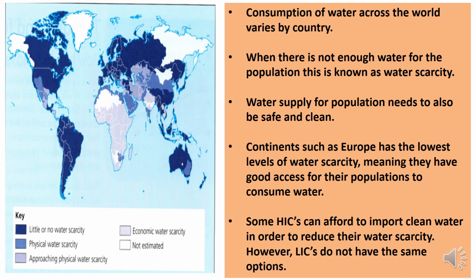Water supply for the population, as I've said, needs to be clean and safe, or otherwise it does not meet its purpose. Continents such as Europe have the lowest levels of water scarcity, meaning they have good access for their populations to consume water. However, some HICs can afford to import clean water in order to reduce their water scarcity levels. LIC countries would not have the same advantage or option as this.